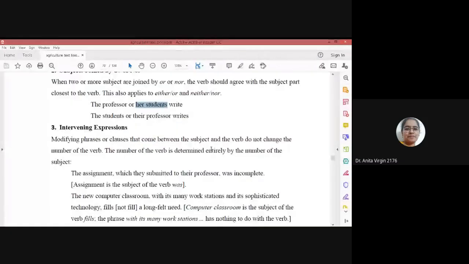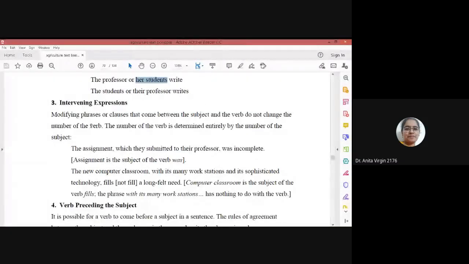Okay, I'm just getting back to your text again. We'll go to the next one. Intervening expressions. Sometimes you will have sentences like this. You will have one part here, a comma, another part here, a comma, and another part. Have you seen sentences like this?